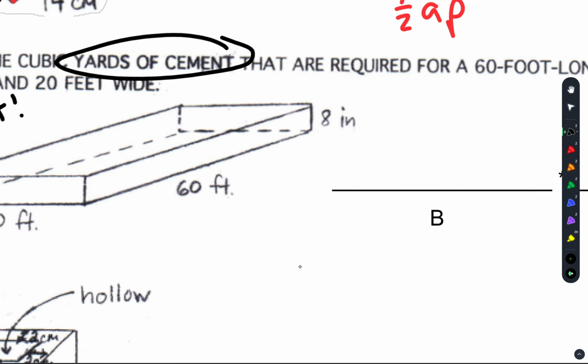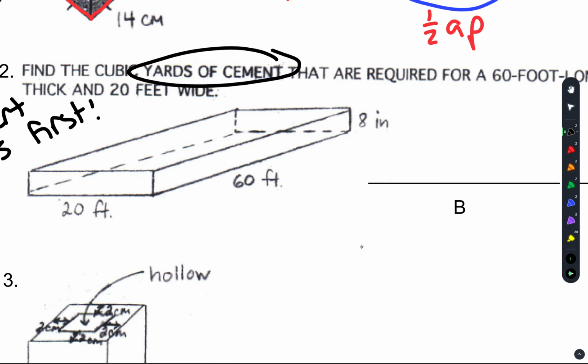The first thing that I'm going to do is convert this 8 inches into feet. To get from inches into feet, I'm dividing by 12. So that's 2/3 of a foot. And then to get from feet into yards, there's 3 feet in a yard. So I'm going to divide that by 3 to get 2/9 of a yard. Which is a crazy fraction, but we're going to leave it like that. Same thing for these feet.